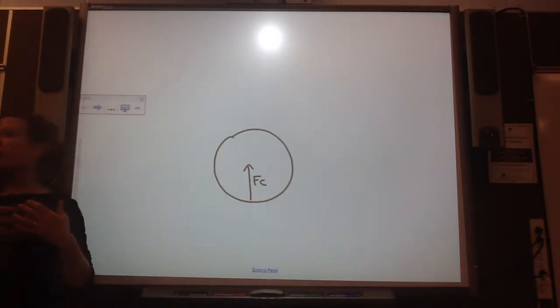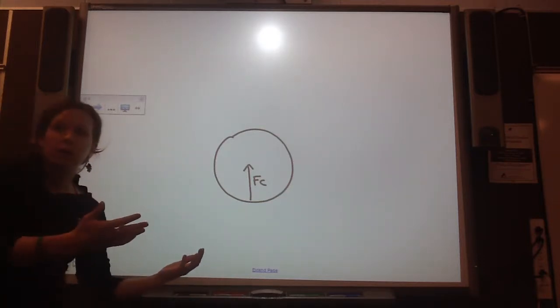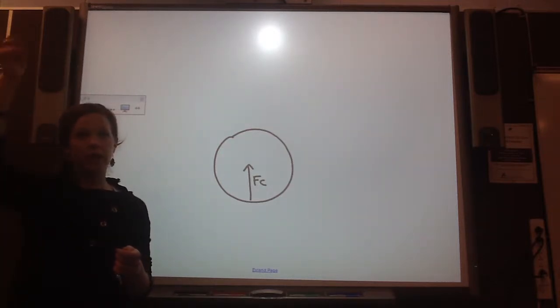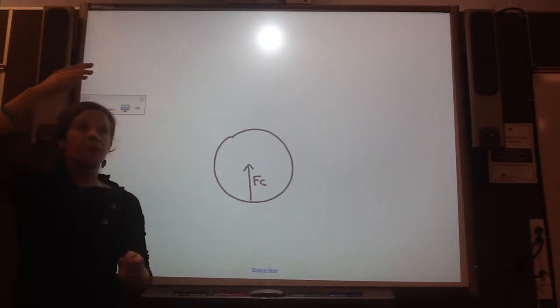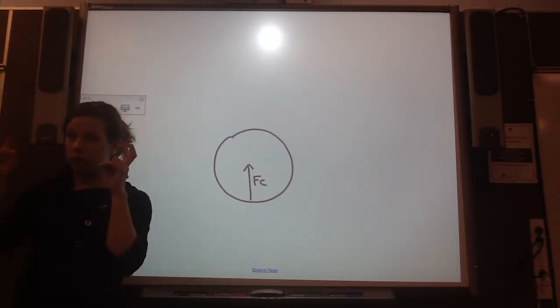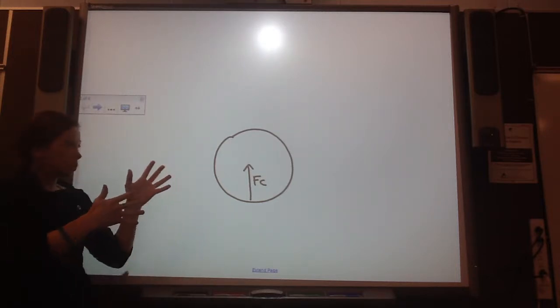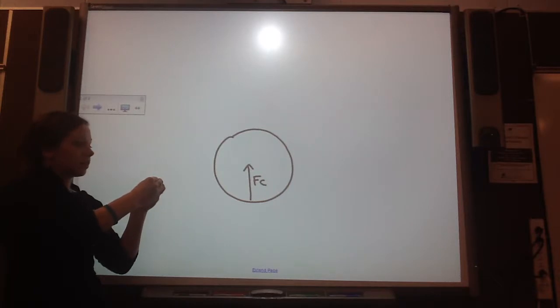So centrifugal is what you feel when you're in that circular motion, or when you're twisting something overhead, if you let it go, it goes off in a direction. That's centrifugal force. Centripetal force is what we focus on, the actual pull of the object toward the center.